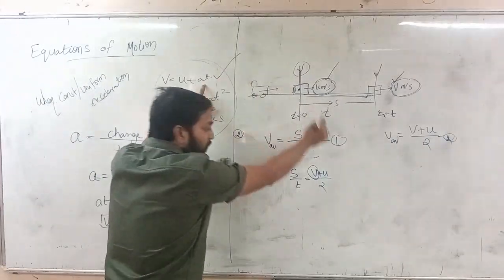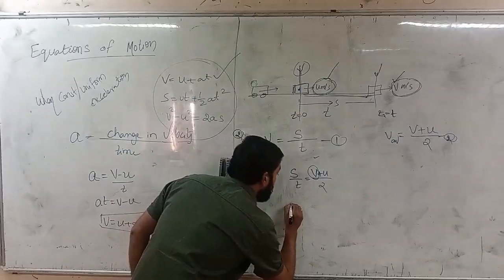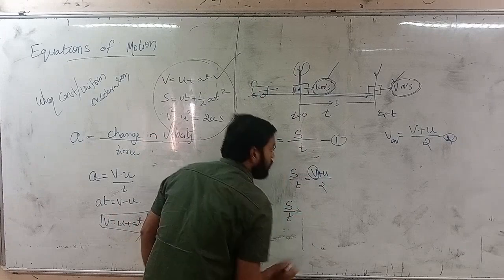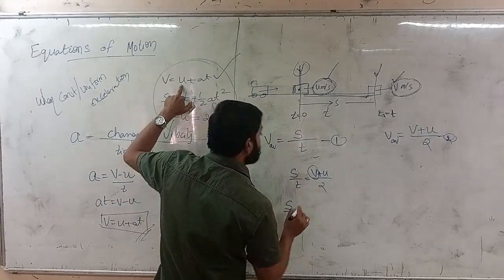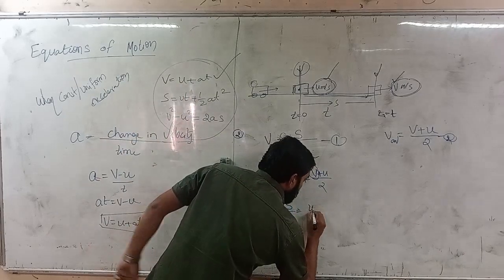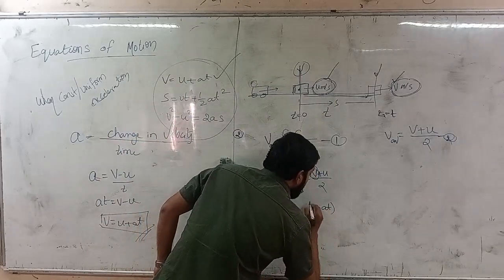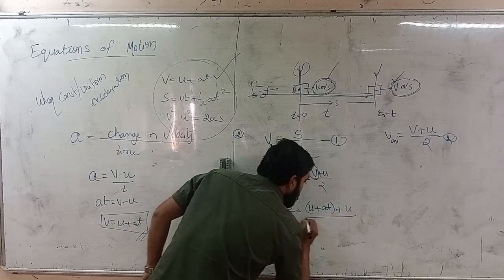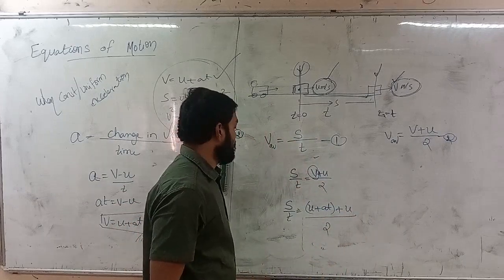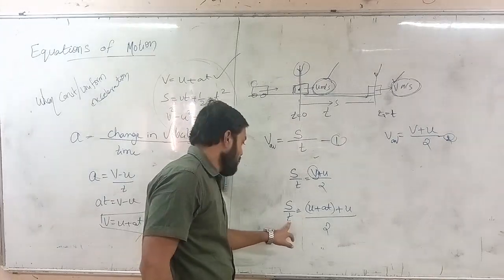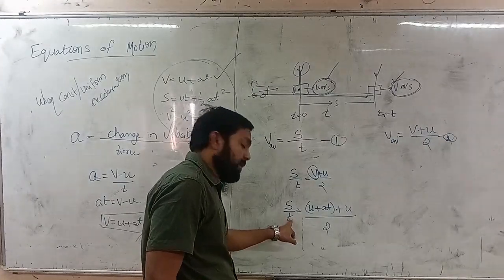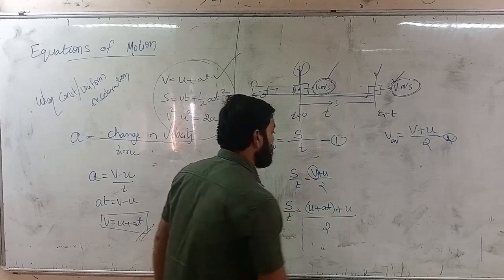Now substitute that v in this. So s/t = (u + at + u)/2. I would like to transpose this t from this side to this side. Then what happens?